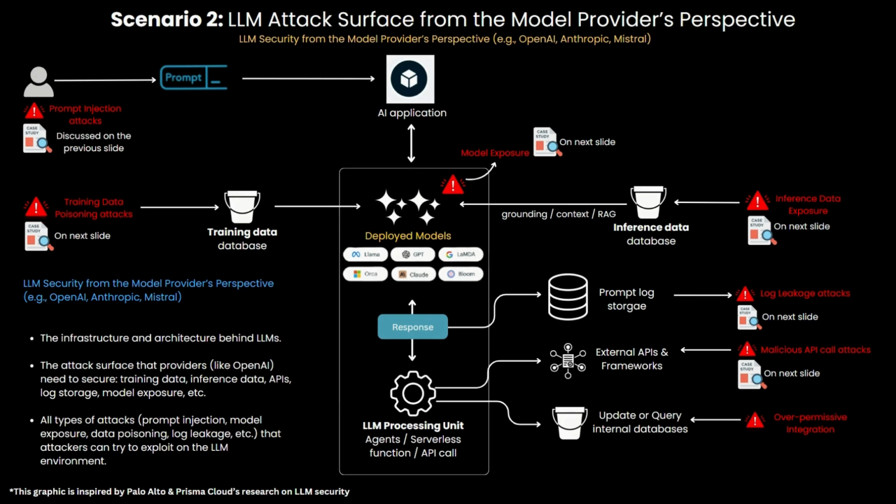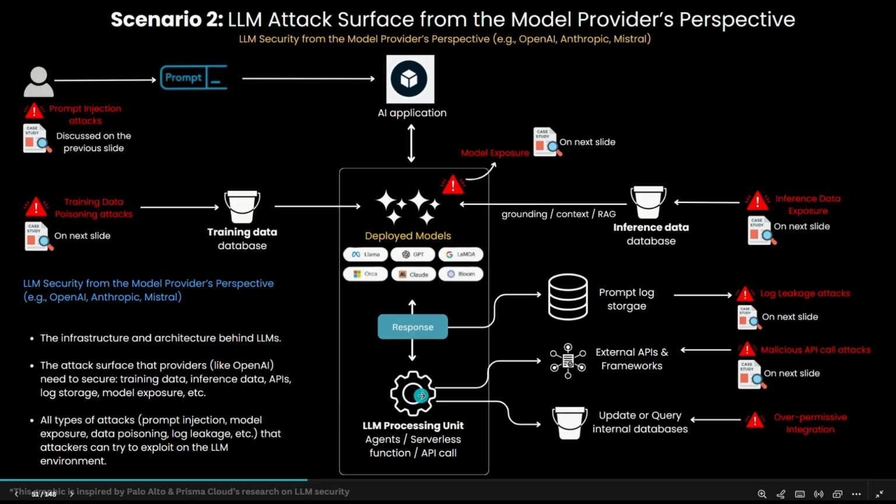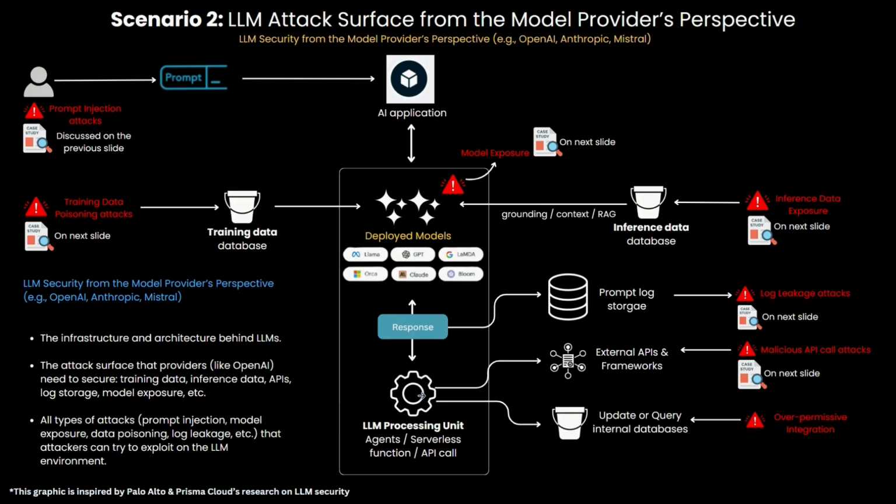So at the front is the AI application, which is part of the application layer where users provide inputs in the form of prompts. These prompts then pass through the LLM processing unit, which acts like a middleware layer. This unit could be a serverless function, an API gateway, or an intelligent agent. As we discussed in section 2, its job is to validate inputs, apply prompt filtering, perform security checks, and orchestrate the inference requests.